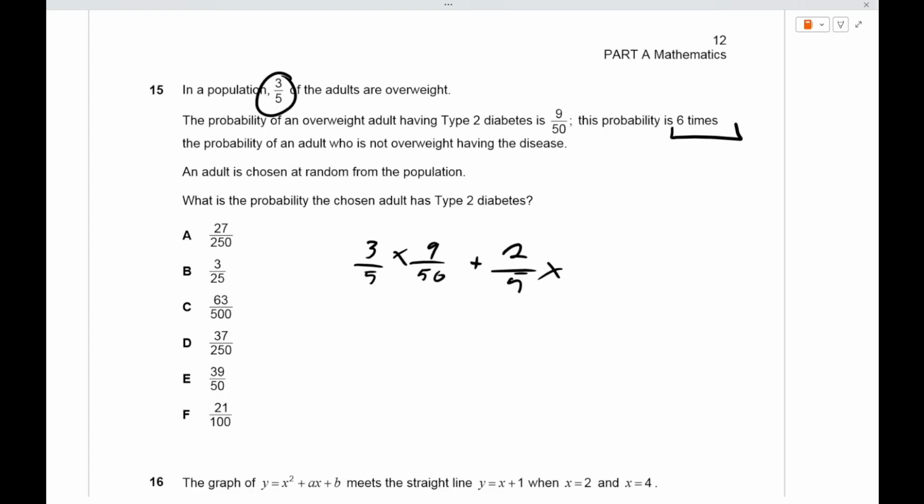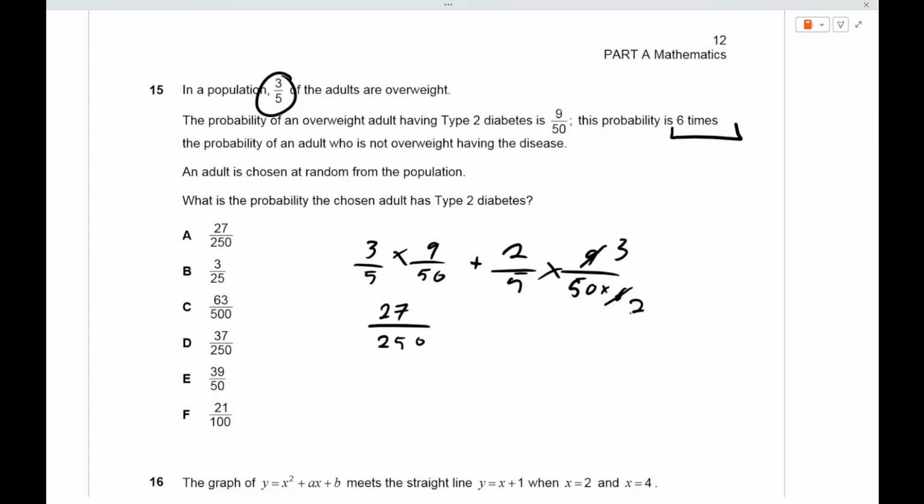So what do you do? So you have 90 and it's 50 times 6. You keep it all as fractions, really simple. Here there's no simplifying to do, so you have 27 over 250. But here you can simplify things. So first of all, this 6 becomes a 2 and this becomes a 3.